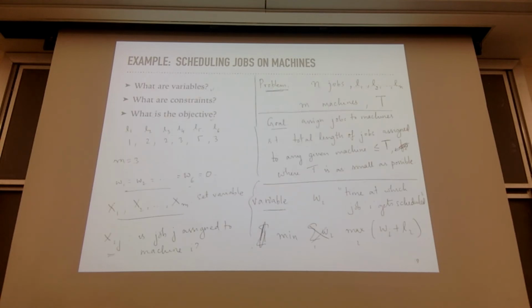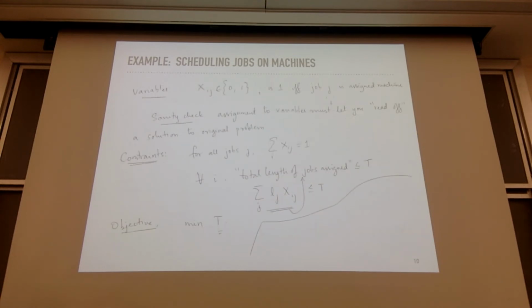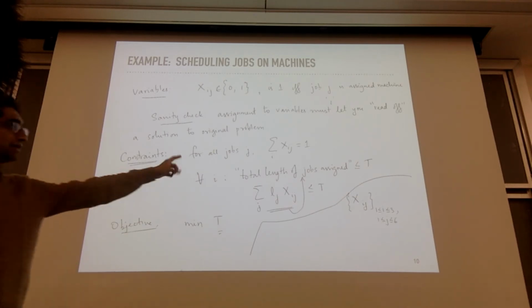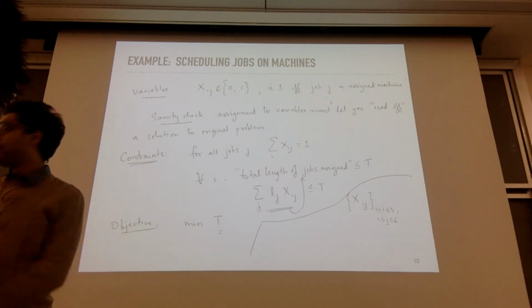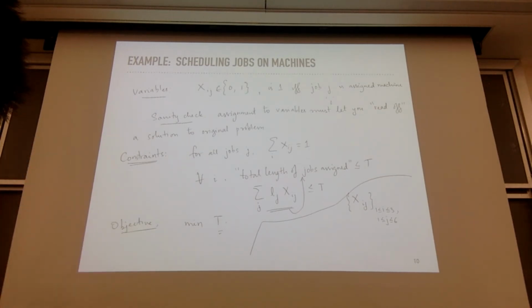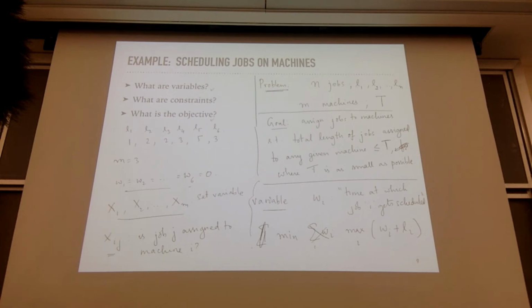You have variables xij, where i ranges from 1 to 3 and j from 1 to 6, so these are all your variables. So you have 18 variables.